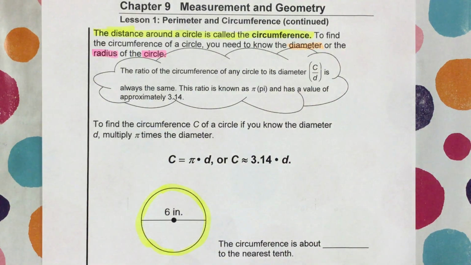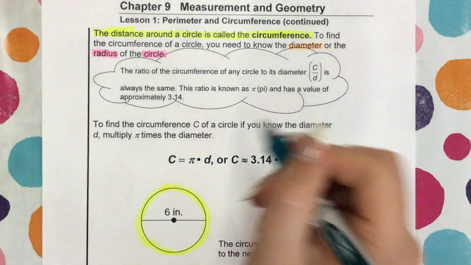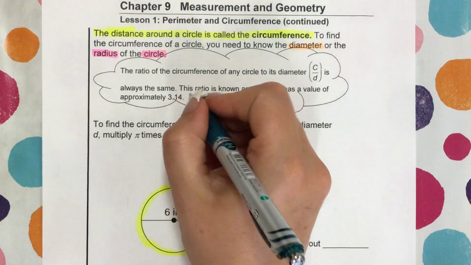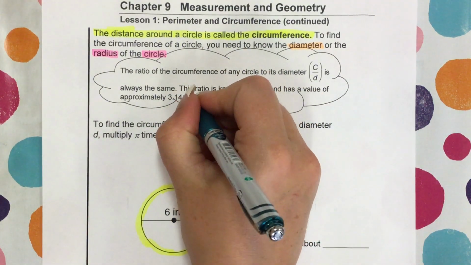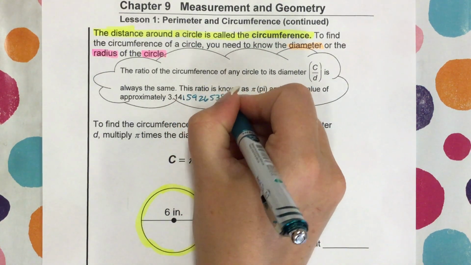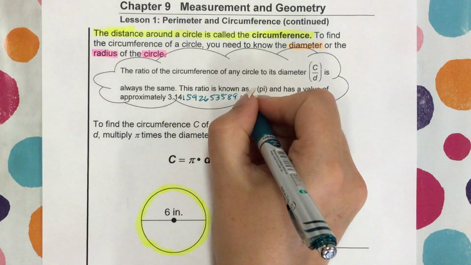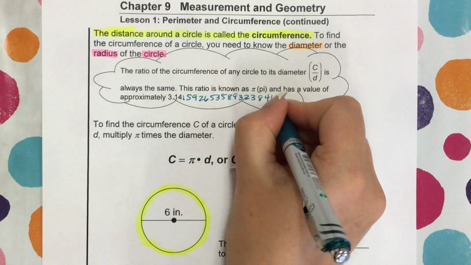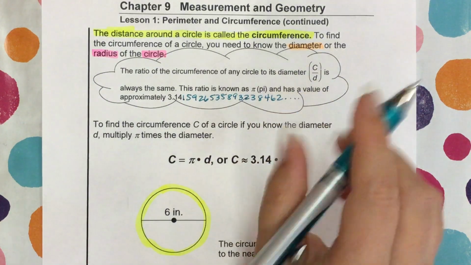But pi really just keeps going on and on and on forever. It's this number that just never stops. It's actually 3.14159265358979..., and it just keeps going on and on forever.